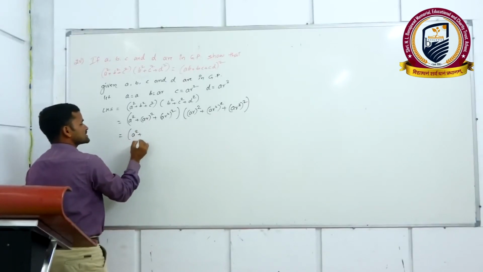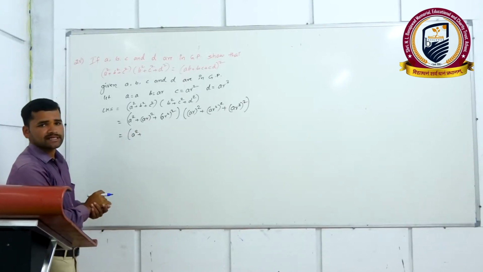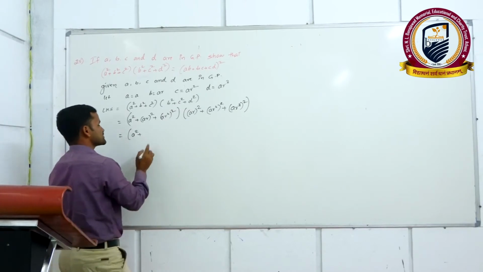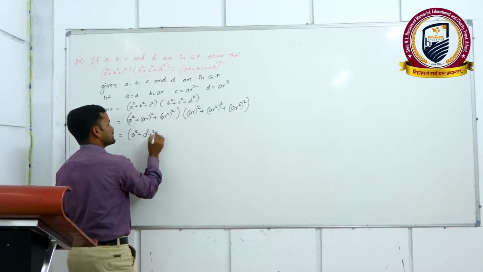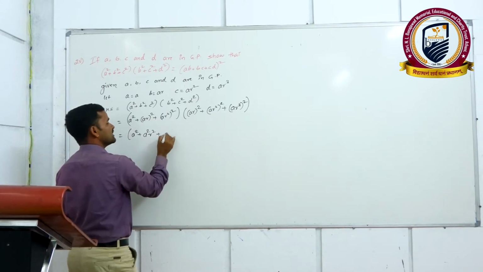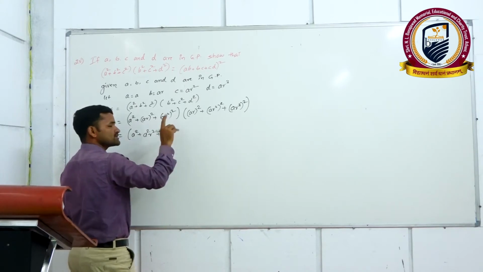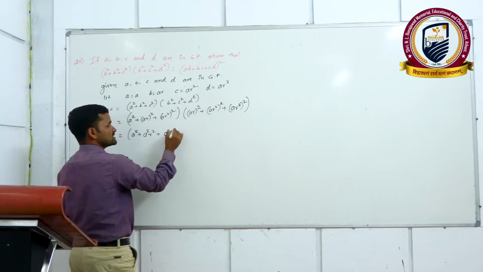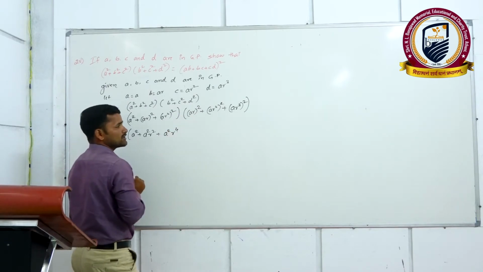A square plus A into R whole square is nothing but A square plus A square into R square. Write it. A square plus A square into R square, plus this one, AR square whole square, is nothing but A square into R square to the power 2, that is A square into R raised to 4.